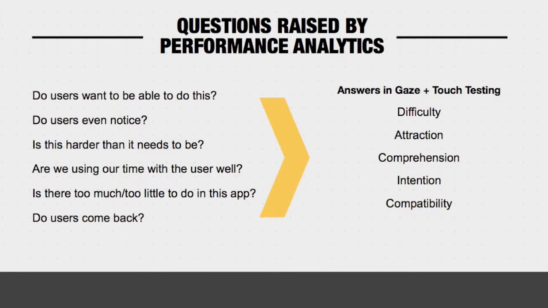So the answers that we're getting in gaze plus touch testing help us discern if there's difficulty. They help us discern if the feature that leads the user down a key mobile behavior funnel is attractive enough. We have to understand if the user is understanding what needs to be done.